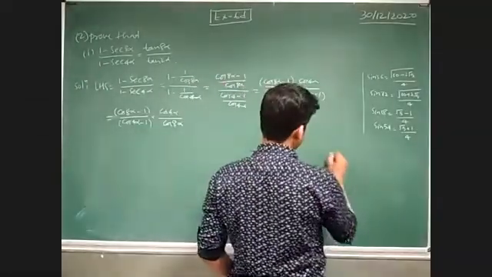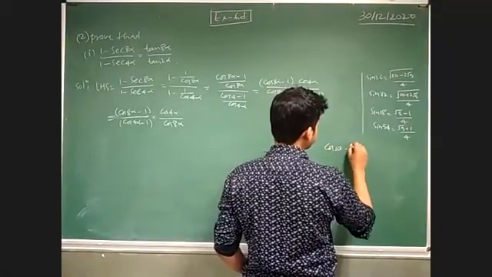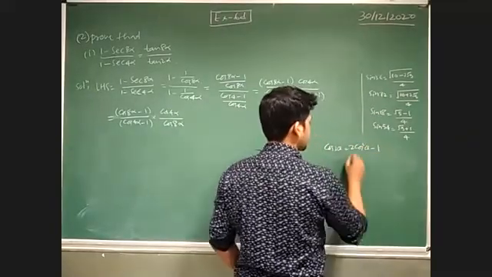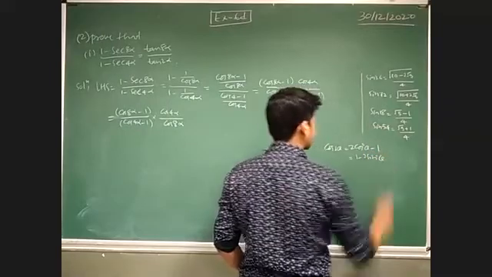Boys, here we know one formula, that is cos 2 theta. Cos 2 theta is nothing but 2 cos square theta minus 1, and 1 minus 2 sin square theta.